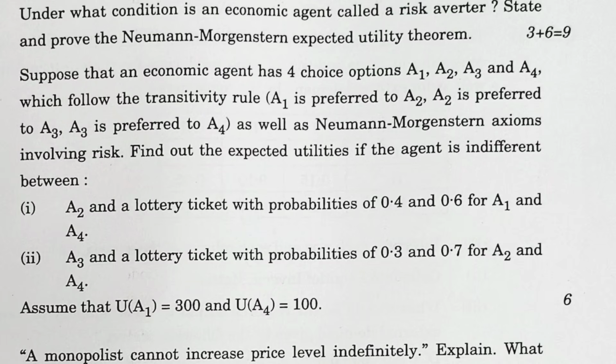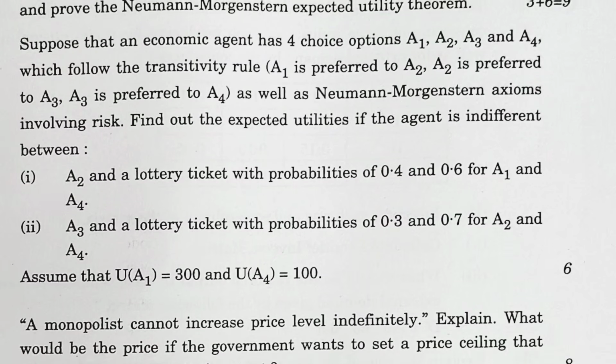Then there is a question about economics of uncertainty. I will be taking this very question also. Suppose that an economic agent has 4 choices, A1, A2, A3 and A4, with the following transitivity rule: A1 is preferred to A2, A2 is preferred to A3 and A3 is preferred to A4, as well as von Neumann-Morgenstern axioms involving risk.